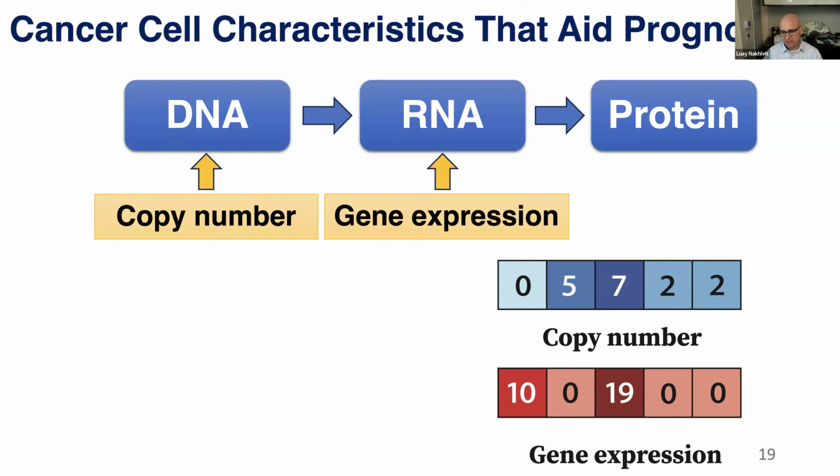The same thing, we have a gene expression vector from the RNA that gives us the number of copies of that gene. While the copy number at the DNA level can be applied across the entire genome, so we have copy numbers for coding and non-coding regions, of course, for gene expression, it has to be for the coding regions. So here we are talking about the coding regions.